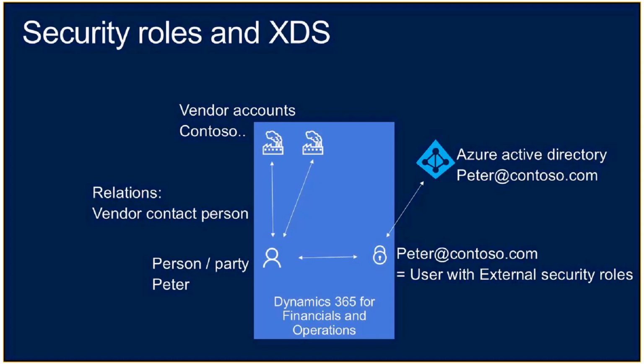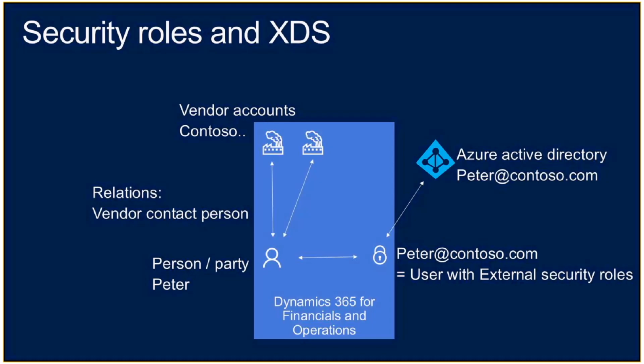I want to take this picture and explain a little bit about how the whole security is configured. Let's start from the person party, which can be Peter or Aaron or whoever is logged in. This is a concept in Dynamics where you have a party representing a person.